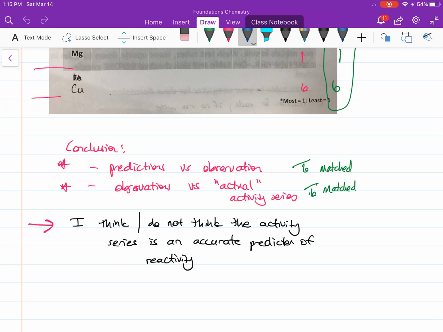You made a conclusion based on your predictions versus your observations, and your observations versus your actual activity series. And then we all came to the conclusion that we do think the activity series is an accurate predictor of reactivity. So that's where we were right before we left for break. So today what I'm going to teach you is a double replacement reaction.